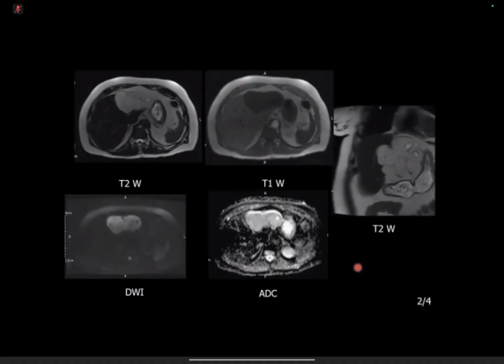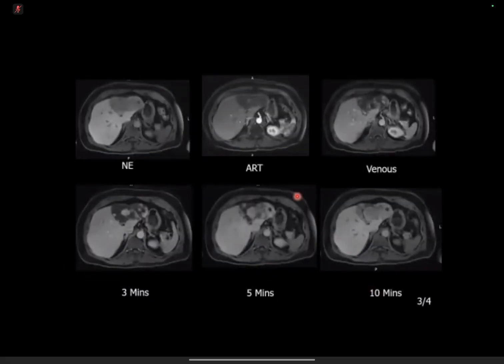The lesion becomes more apparent on the coronal T2, with more of a haze. Okay, so that's fine, and now we have gone to contrast. So now we've got contrast from the left to right, from non-enhanced through to delayed.